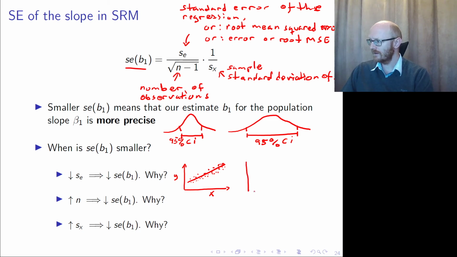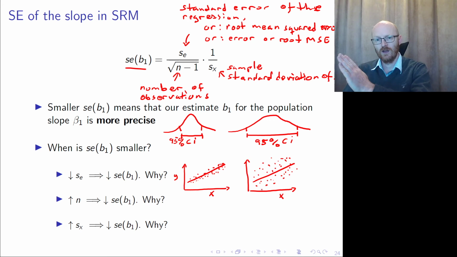Whereas if the standard deviation of the residuals, or the root MSE, is large, then you really don't know, you're not that certain as to what the slope of this regression is.